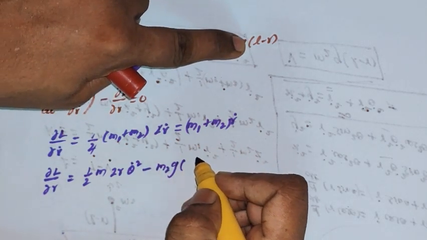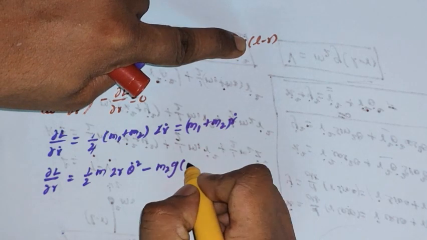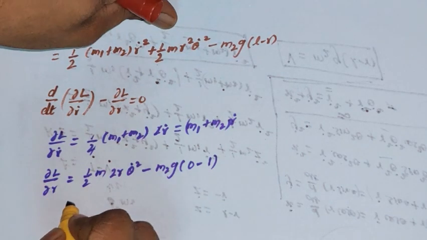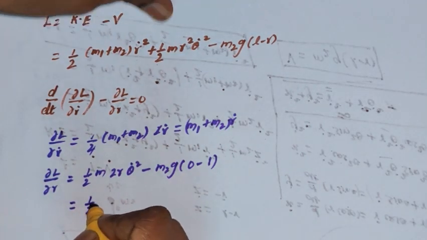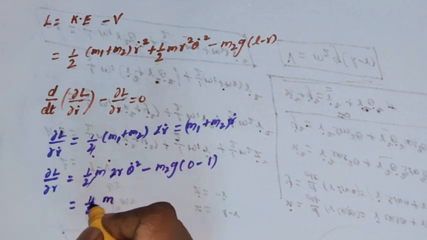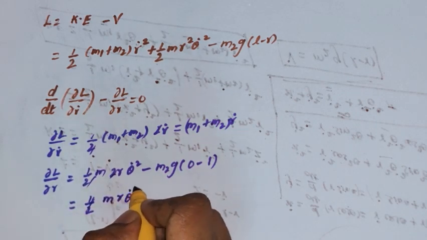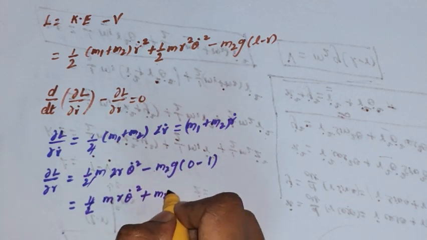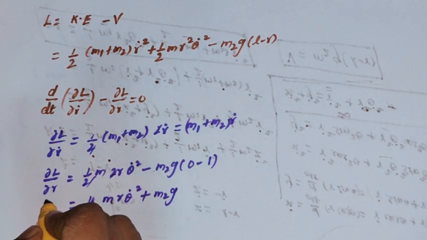Taking dou L by dou r, it would be 0 minus dou r by dou r, which is 1, so with minus and minus giving plus, it equals m1 r theta dot square plus m2 g. This is dou L by dou r.